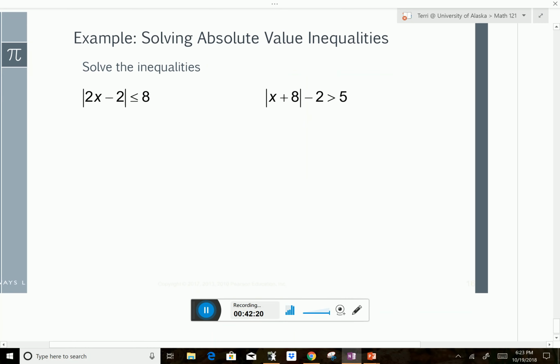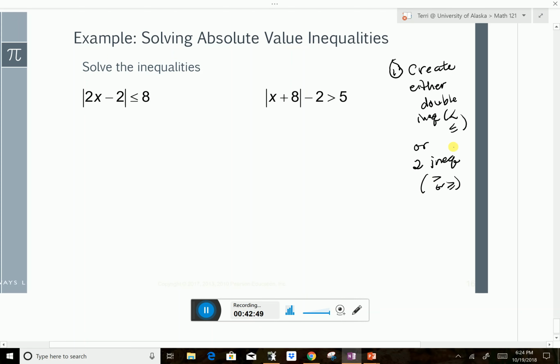So let's talk about solving absolute value inequalities. The first step to solving absolute value inequalities is to create either the double inequality for less than or equal to, or two inequalities for greater than or equal to.